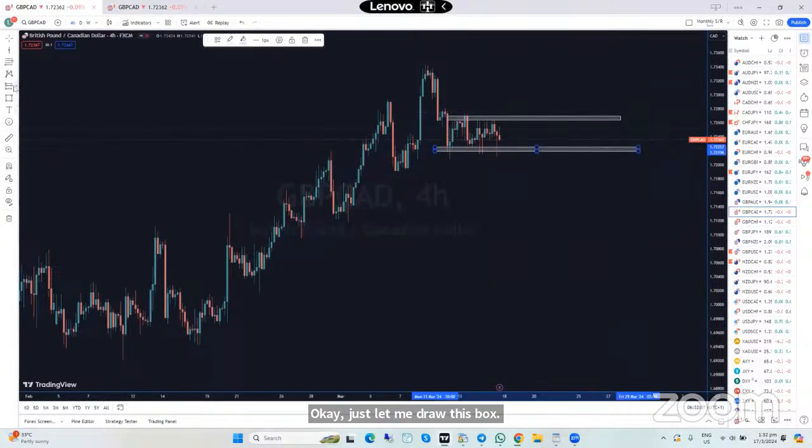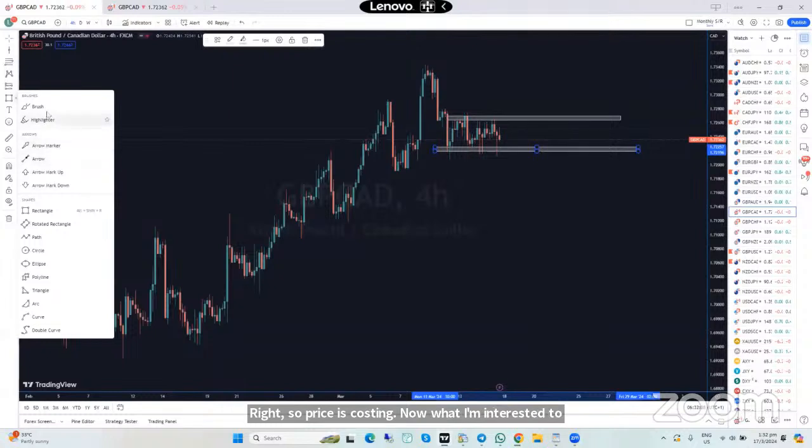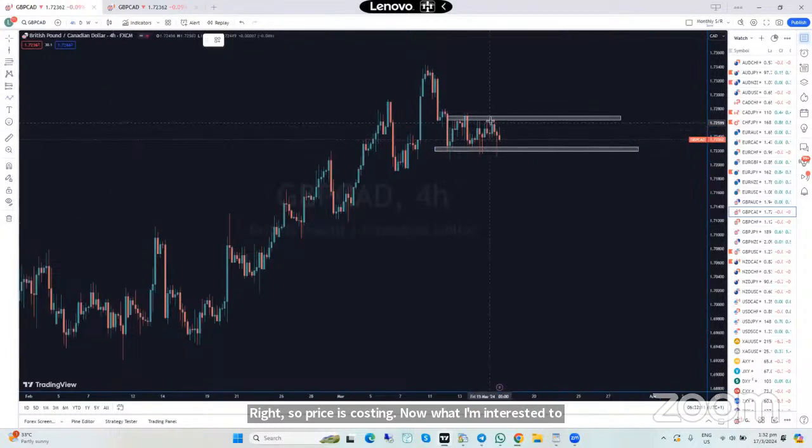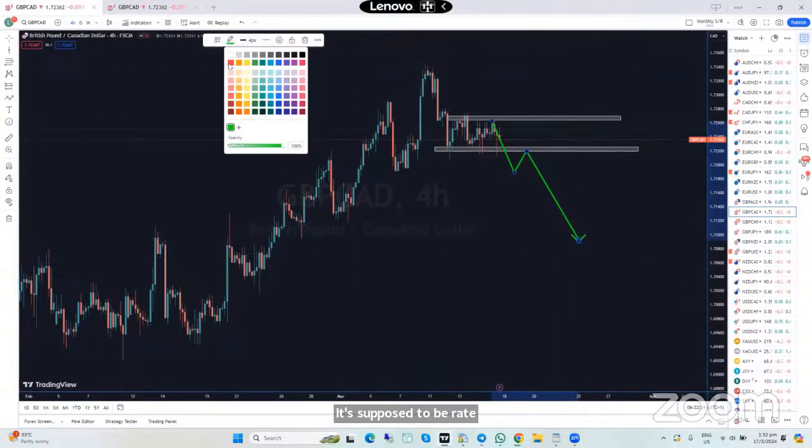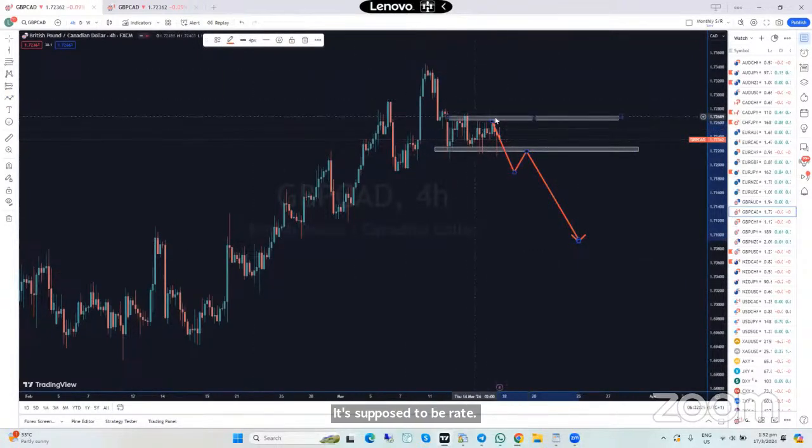Now, what I'm interested to look at, the way I'm going to trade this, is wait for price break, retest, and then I'll be really keen to enter here. Don't jump in too fast. I don't really see a reversal chart pattern here, no double top or anything of such.